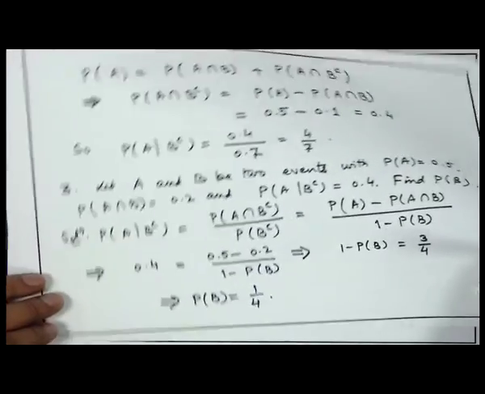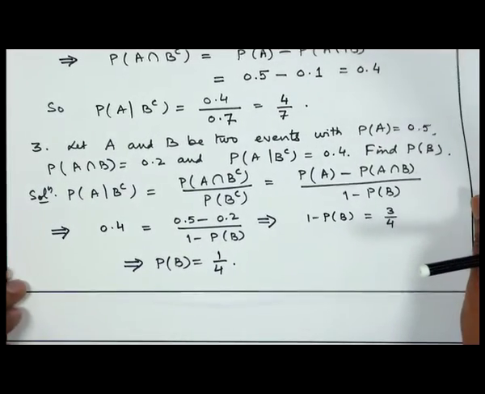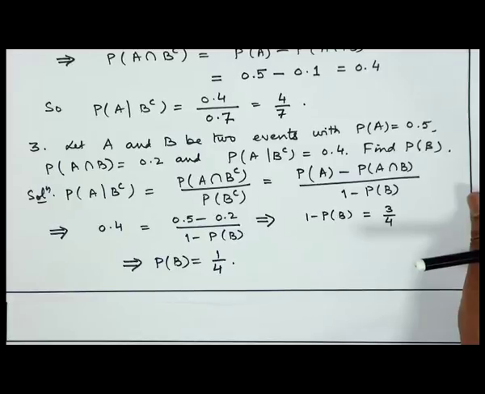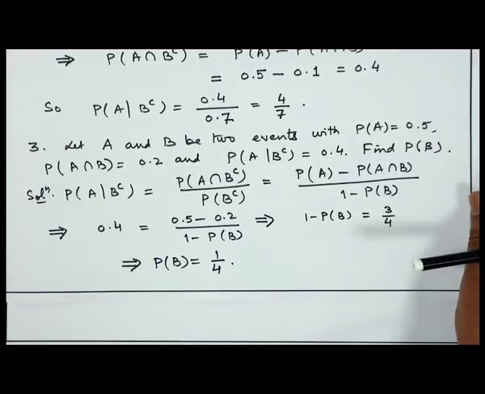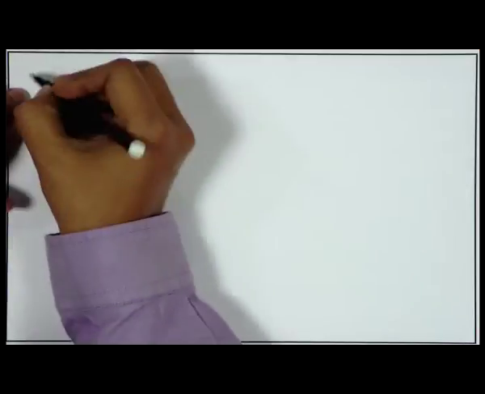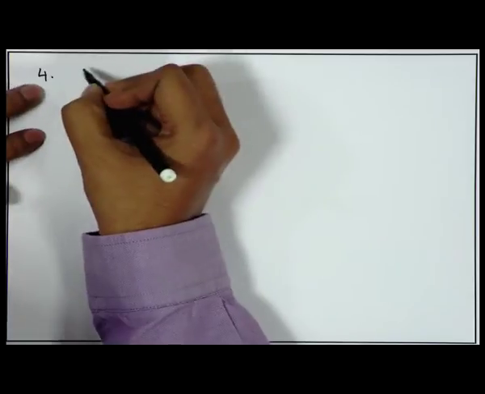So, basically in these problems you have seen that using the basic rules of probability, we can evaluate probabilities of certain other events. Let us continue with some more problems.